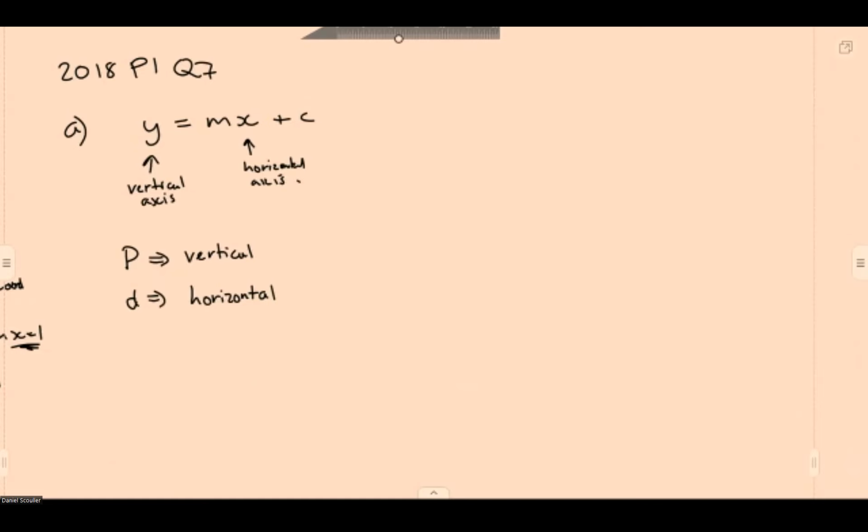So we're going to rewrite that in regards to y, which is P equals md plus c. So our coordinates format, instead of being x, y, will be d, p.